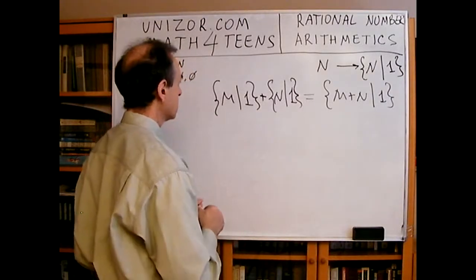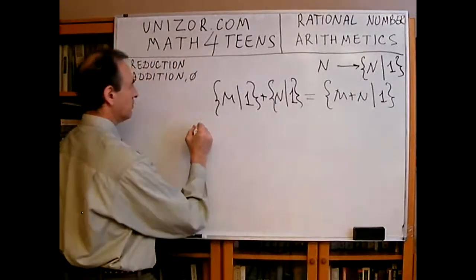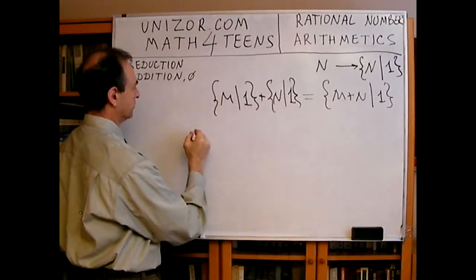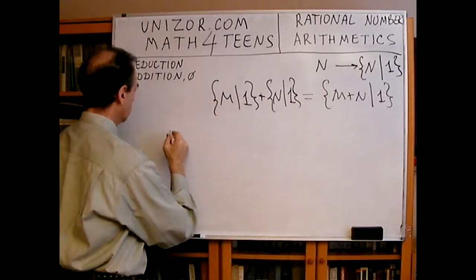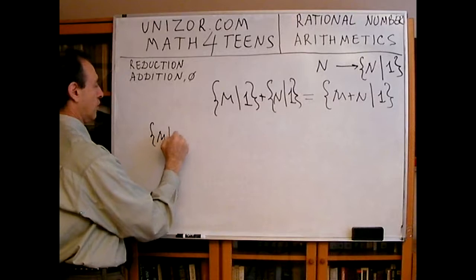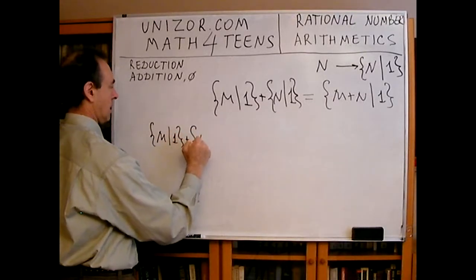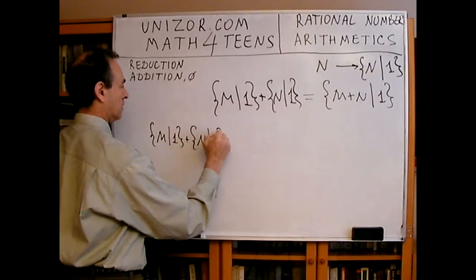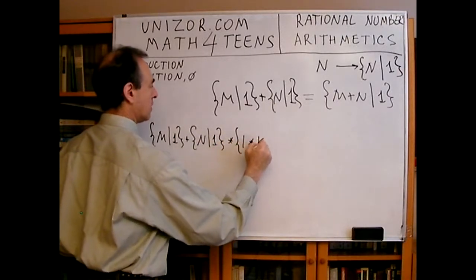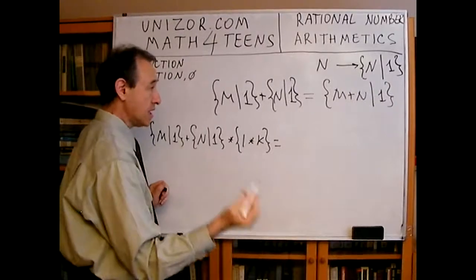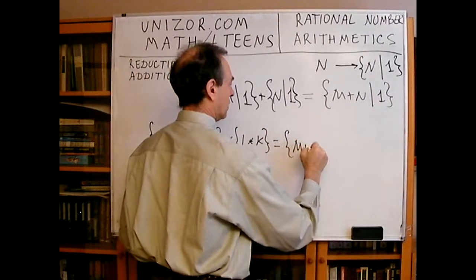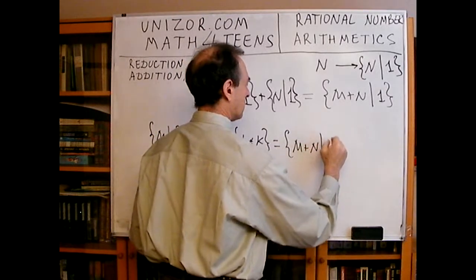What it means is the following. If I multiply both sides by 1 over k, it will be like this. m over 1 plus n over 1, times 1 over k, should be equal, if all the laws are correctly defined, to this.